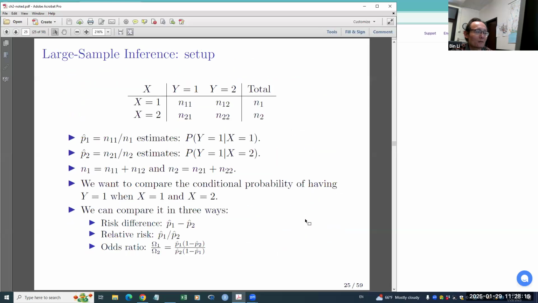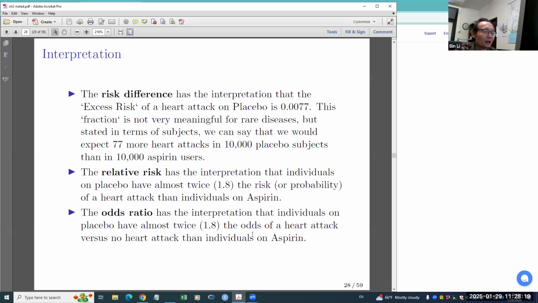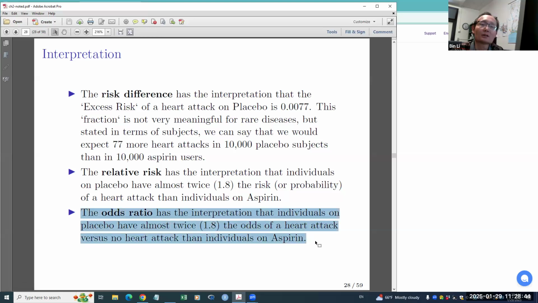Okay, so we can say the individuals on the placebo group have almost twice the odds of a heart attack versus no heart attack than the individuals on the treatment group. Okay, so that's the interpretation based on the odds ratio.